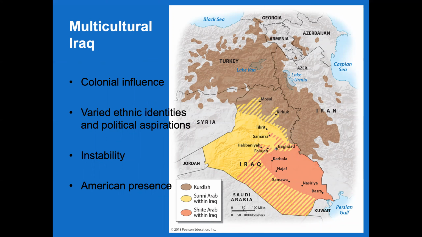The fact that there's Sunni, Shia, and Kurds. And so you have Iraq, which is a set of borders imposed by the British, a term called superimposed borders, meaning a border that you put into place with no regard for the culture there.